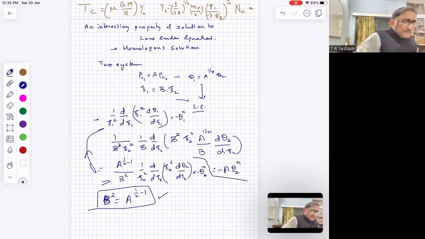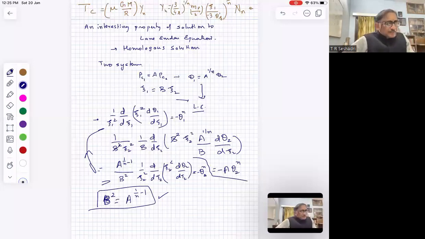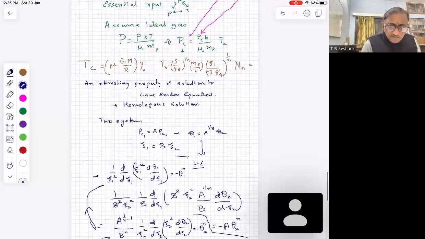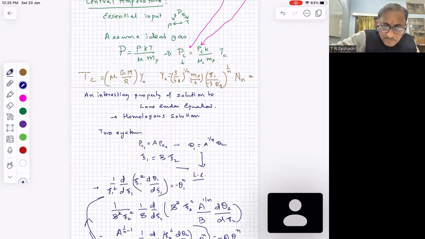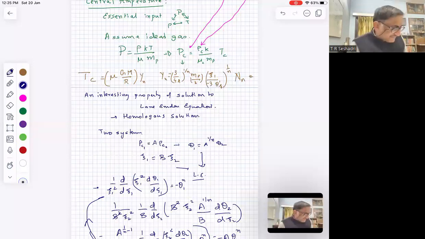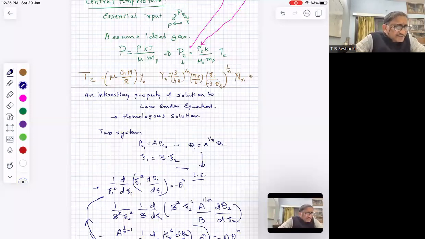I understand it's confusing. Basically, it means the following, what I have been emphasizing, that if I know the solution to one system, just by scaling the radius and the density, I can get the complete solution of the other system of the same n. Do you understand what the aim is? So that is the whole thing. It happens because whatever be the central density, the final Lane-Emden equation depends only on the value of n.